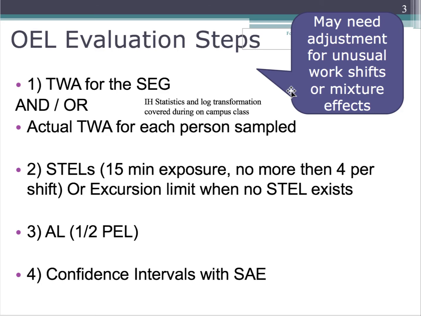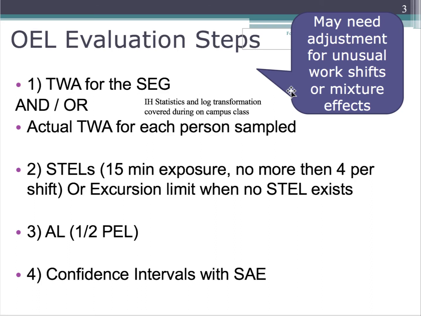You can also evaluate an action limit or an excursion limit, which is your action limit is half of your PEL typically. Sometimes other occupational exposure limits exist, but it is a good starting point. And then we take our time-weighted average and we calculate a severity with our standard analytical errors on it.